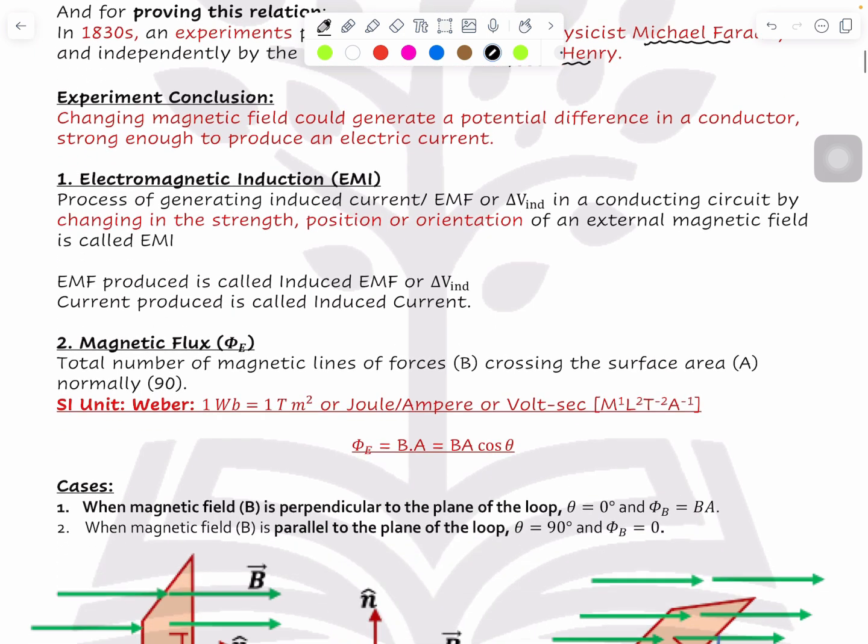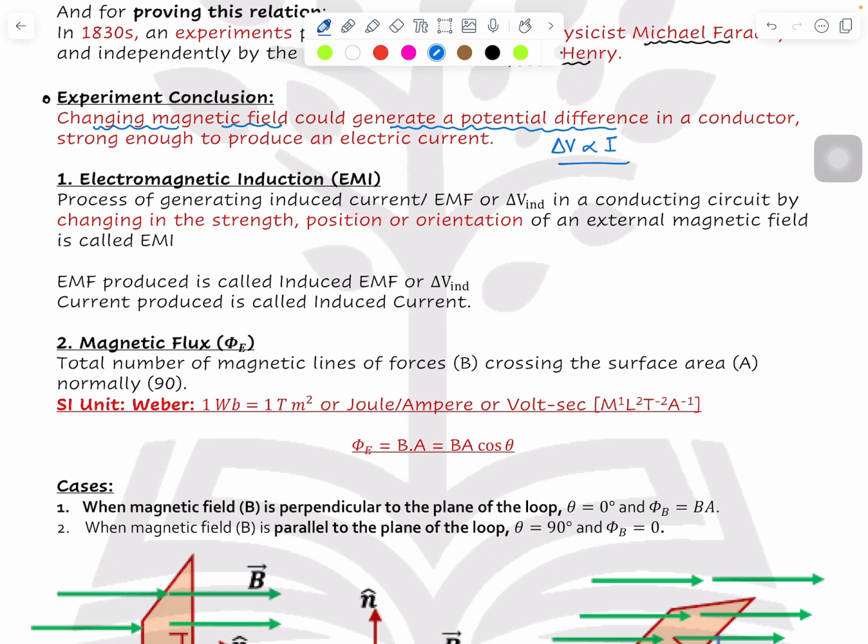Now what is the conclusion of the experiment? Just focus here. I will use the blue color. Changing magnetic field: the magnetic field keeps on changing, and it is generating a potential difference which is directly proportional to current I.